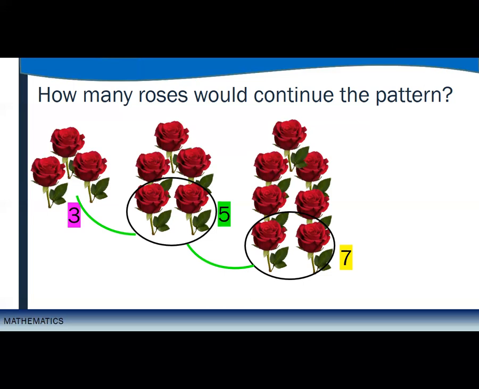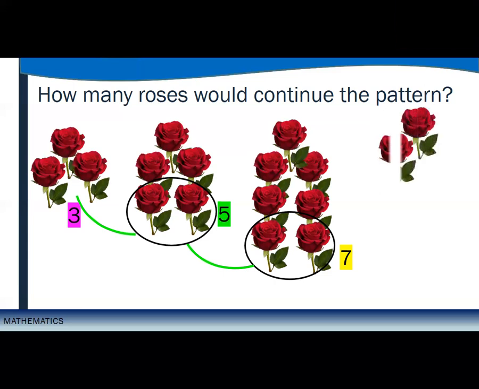To get the next pattern, you start by copying the last pattern and then add 2 more roses to it to make it 2 more than the previous pattern. Let's see how that happens.